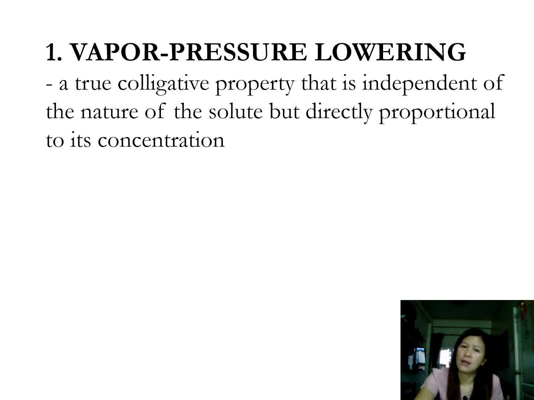So I have emphasized colligative properties are independent of the nature of solute. Regardless of the nature of solute, the colligative properties are bound by the same origin, which is the number of solute, not by the nature of solute.